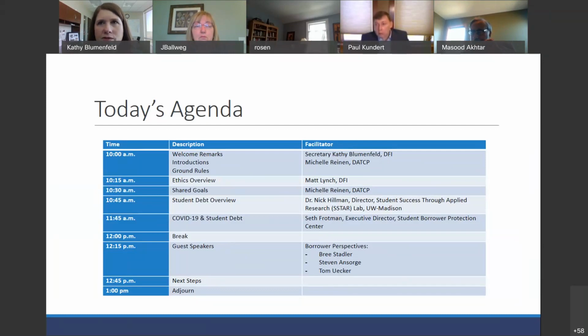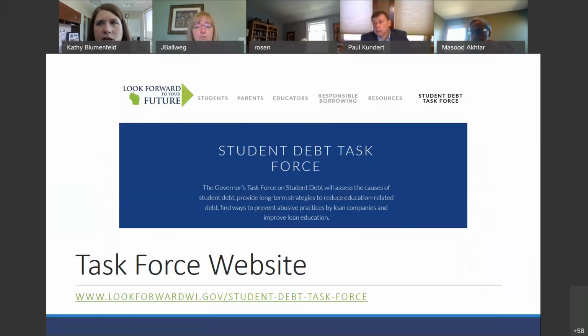And then we have set up a website, which you'll see on the next slide, dedicated to our student debt task force. In the upper right corner is a tab on our Look Forward Wisconsin website that will house all the relevant information. It will have anything you need related to our student debt task force, and you can get to it directly.